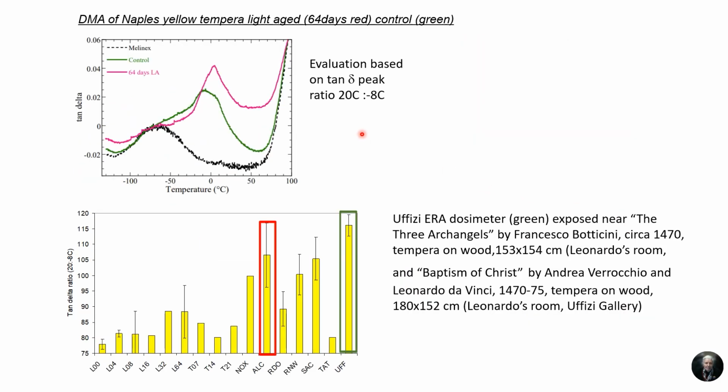With Naples Yellow, we also saw a difference between control and light aged sample. And here we took peak ratios at 20 degrees and -8. This is the Melanex response. And so the ratio 20 to -8 again showed a high response for Alcazar, Uffizi, and a very low response for the Tate.